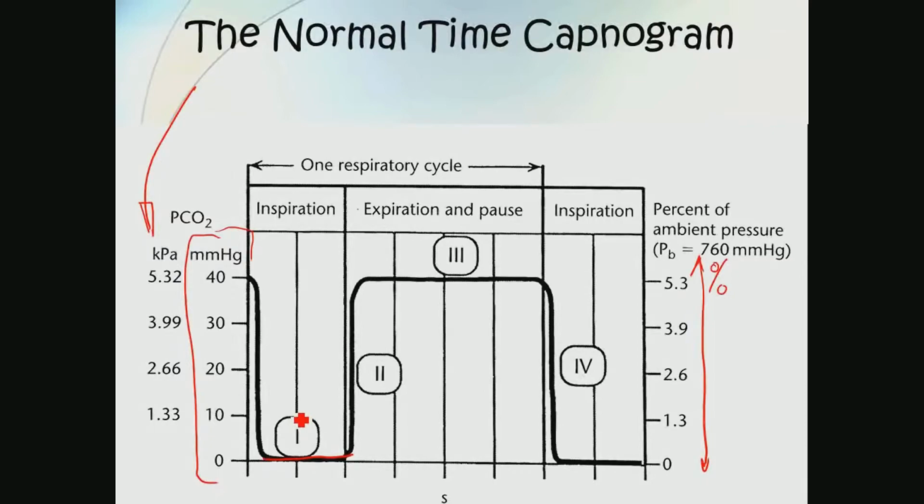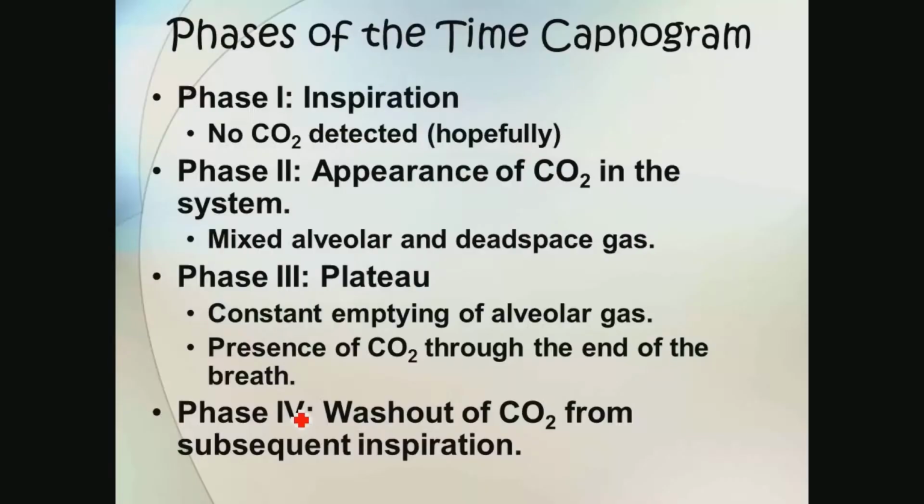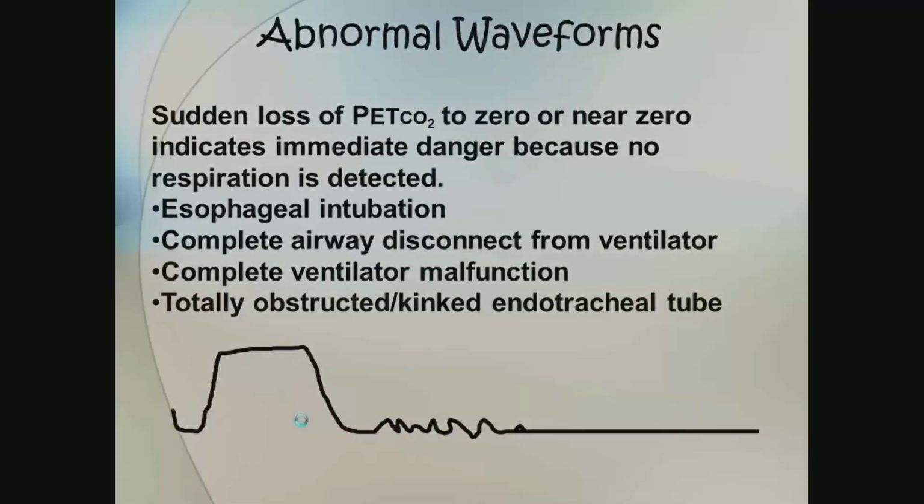Phase 2 then is where we start having a mixture of alveolar gas and dead space gas, because as that gas is coming out, the first part of the exhalation is going to be very low in CO2, because it's basically within your anatomic dead space. Then as that CO2 continues to be exhaled, you're going to see a rise back up again.